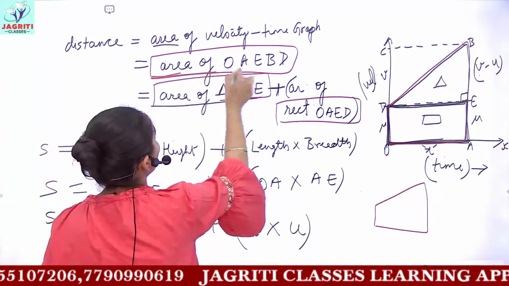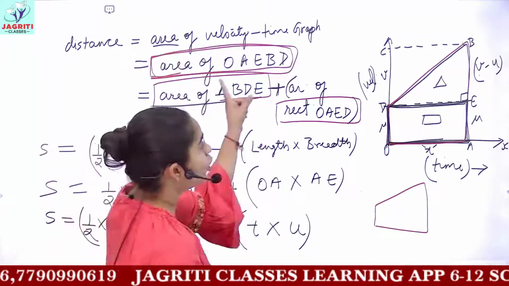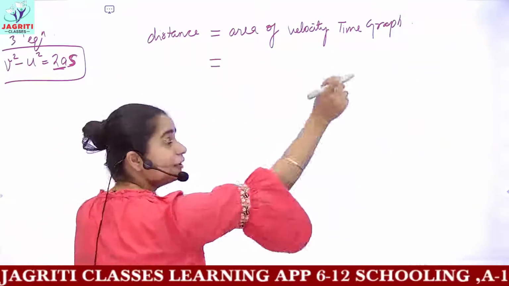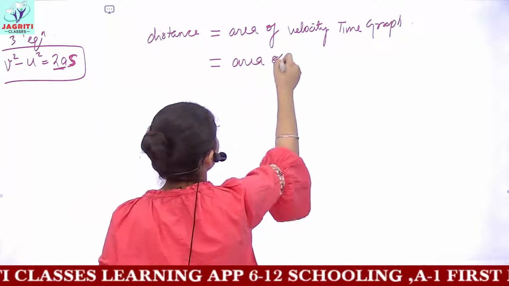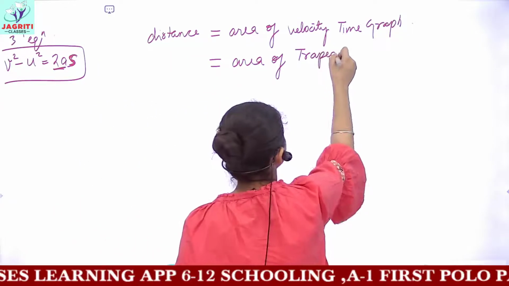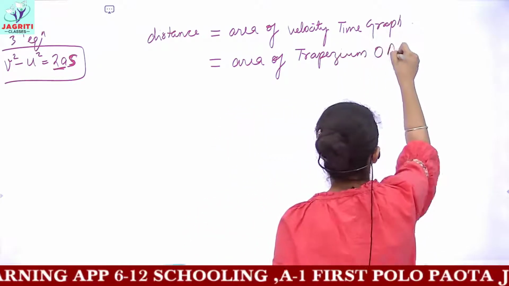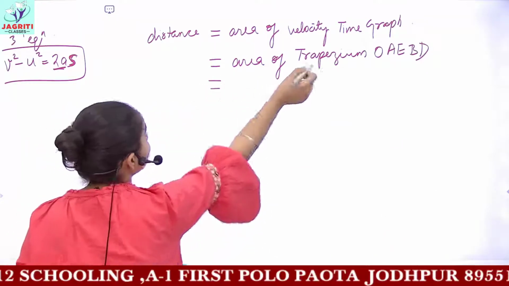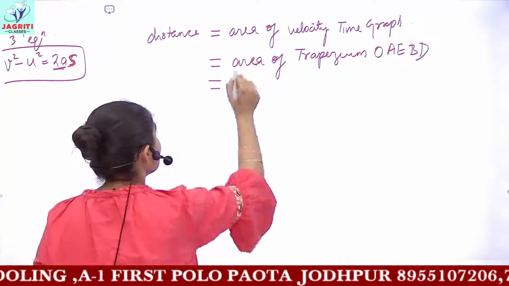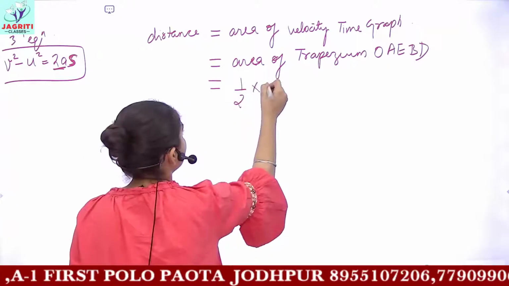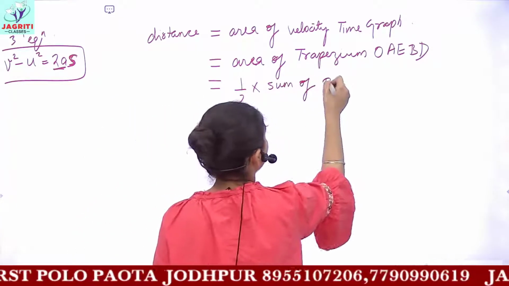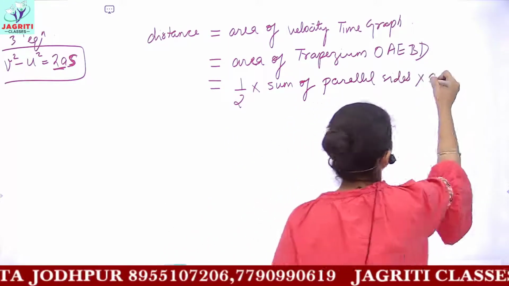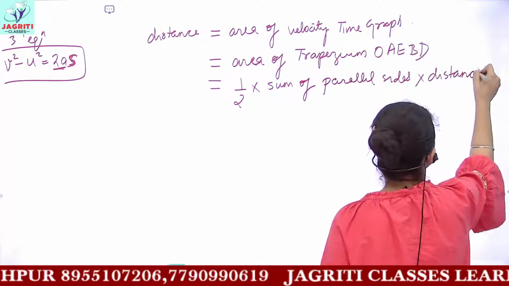So for the third equation, I have to find the area of OAEBD. This distance would be the area of the velocity time graph, which is equal to the area of trapezium OAEBD. You can see in the graph. Now the formula for the area of a trapezium is half into the sum of parallel sides into the distance between the sides.